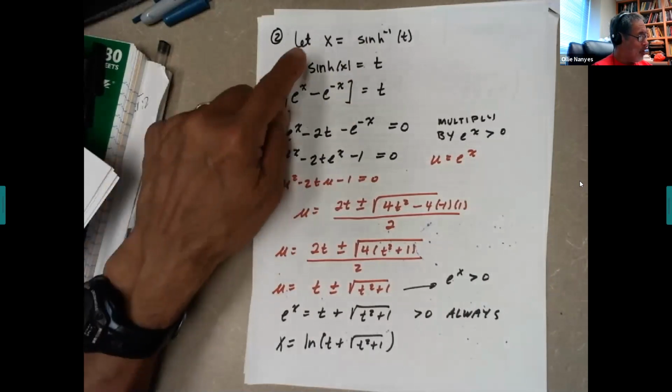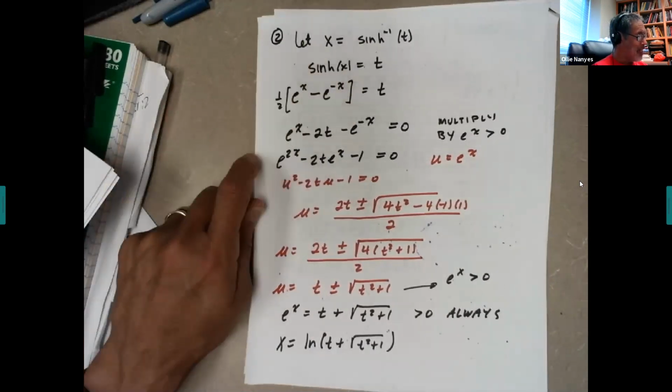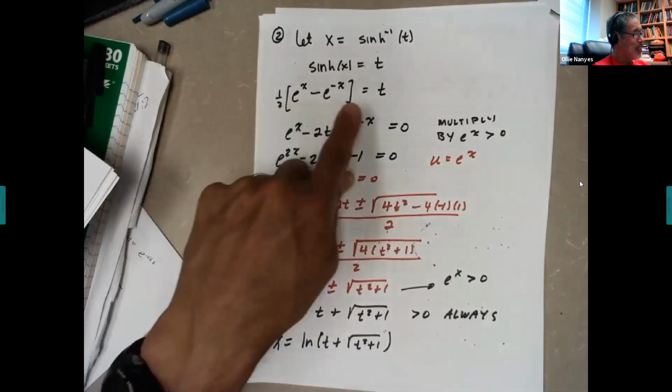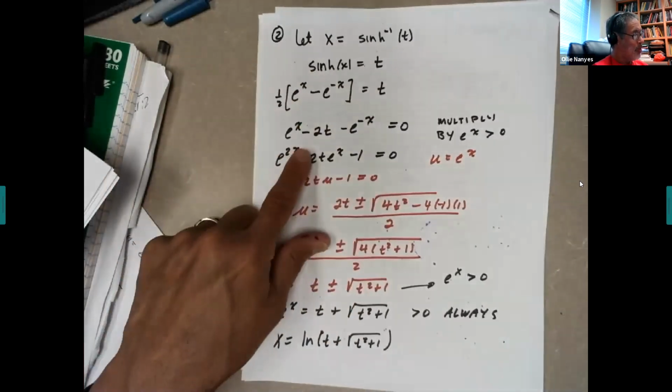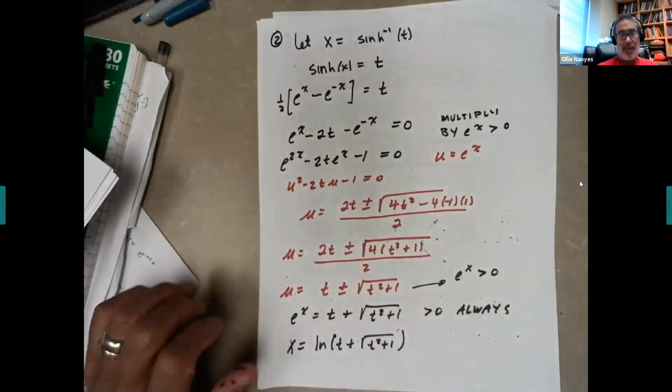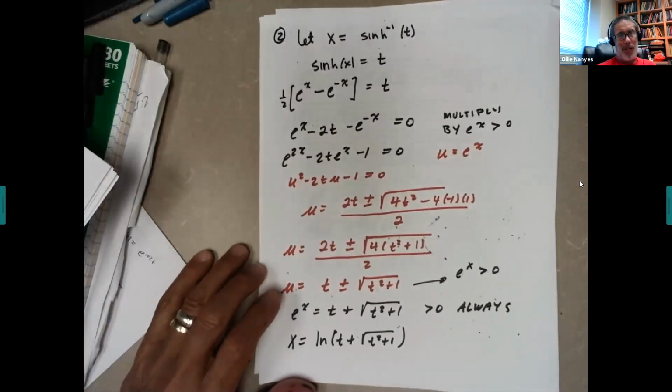So if you start with here, take the sine of both sides, use the definition for hyperbolic sine, then multiply both sides by 2, subtract, we get this equation right here. Now that might look kind of like, well, what?